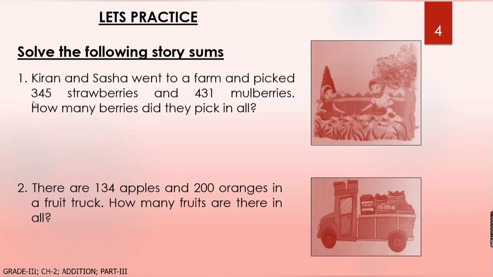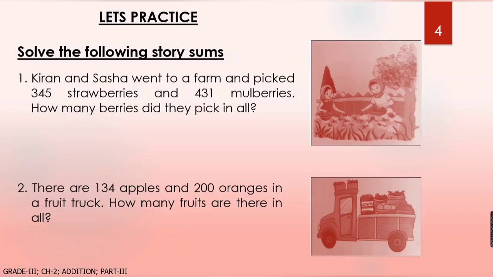Now here 345 strawberries are given and 431 mulberries are given. So you have to find out the total number of berries they picked. So very simple, children, I know you can do it. Yes. Second, there are 134 apples and 200 oranges in a fruit truck.